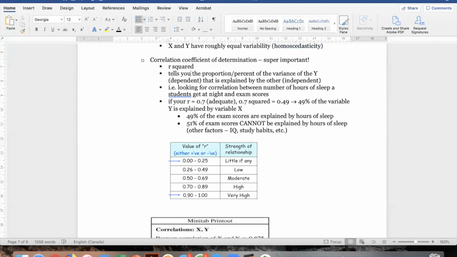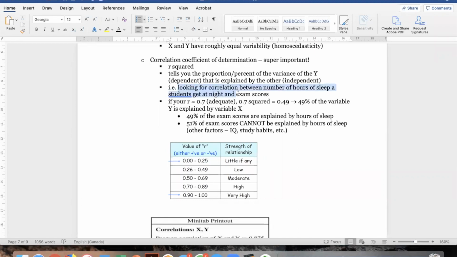It sounds really confusing the way it's written. Whereas R tells us the strength of the relationship, how strong is it, this one is telling you something different.